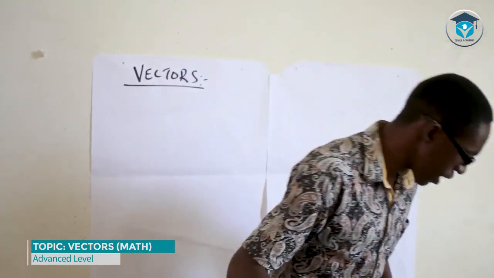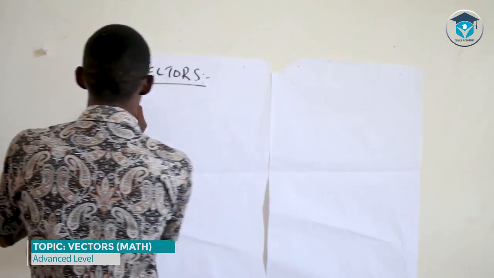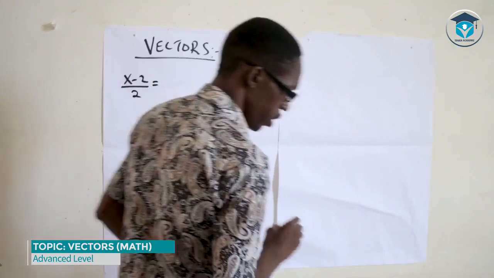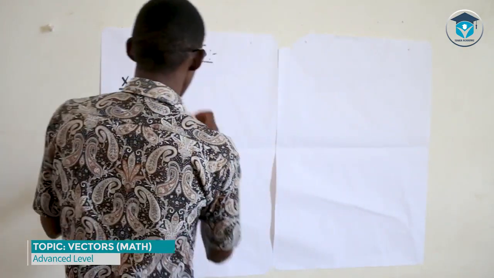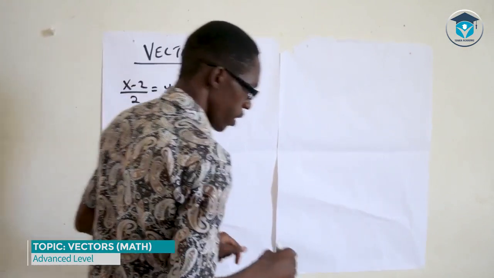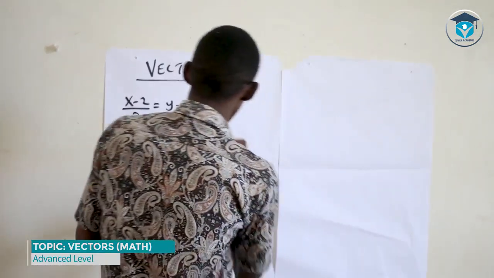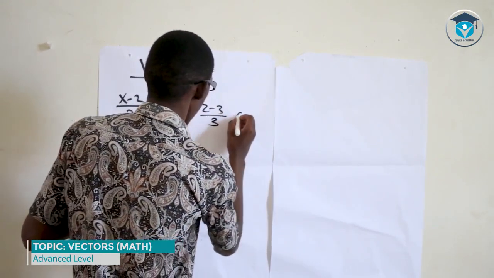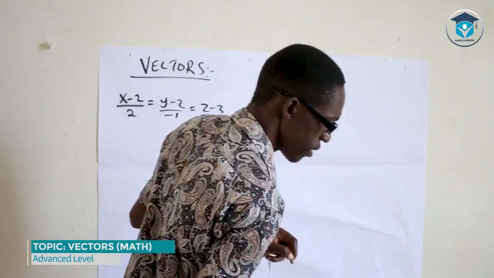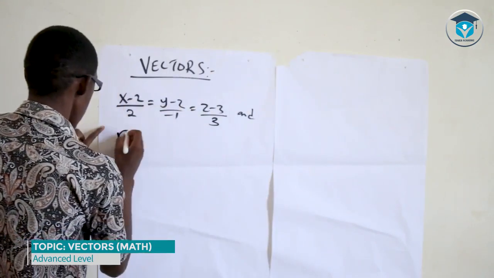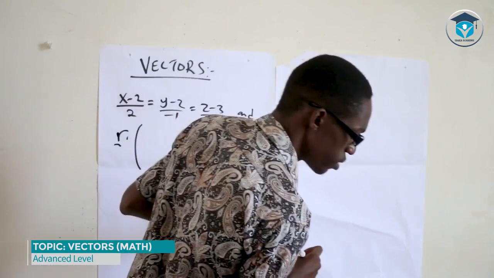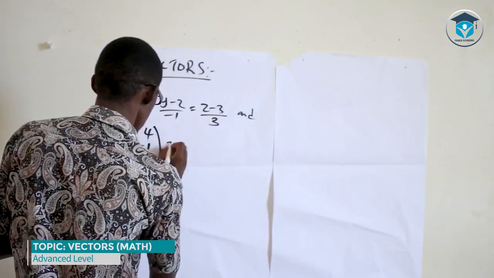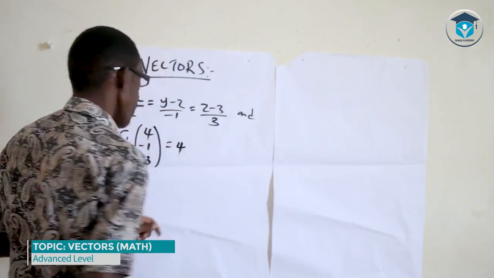Show that the line x minus 2 over 2 equals y minus 2 over negative 1 equals z minus 3 over 3, and a plane r dot (4, negative 1, negative 3) equals 4, are parallel.